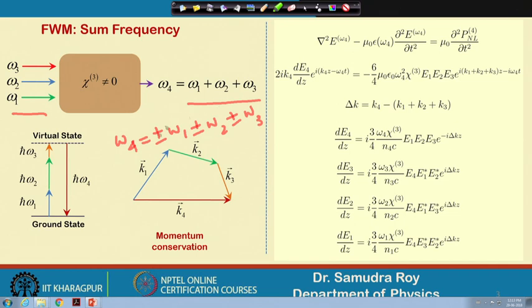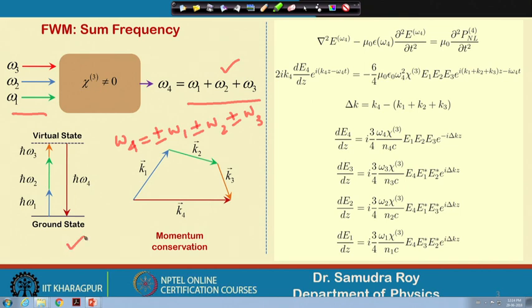Among these 8 configurations, we choose a particular one, which is just omega 1 plus omega 2 plus omega 3. If I want to generate a frequency omega 4 which is the sum of all the frequencies under this four-wave mixing process, then the corresponding energy diagram will be simply like this.